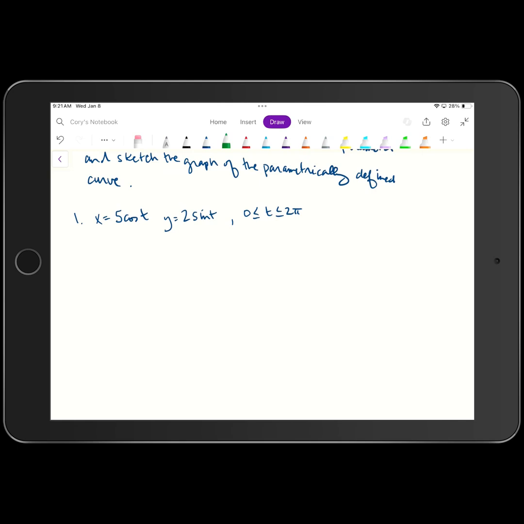Okay, so if we solve for t in the equation on the left, we get x over 5 equal to the cosine of t. And then when I apply inverse cosine to both sides of the equation, that's going to give me the inverse cosine of x over 5.